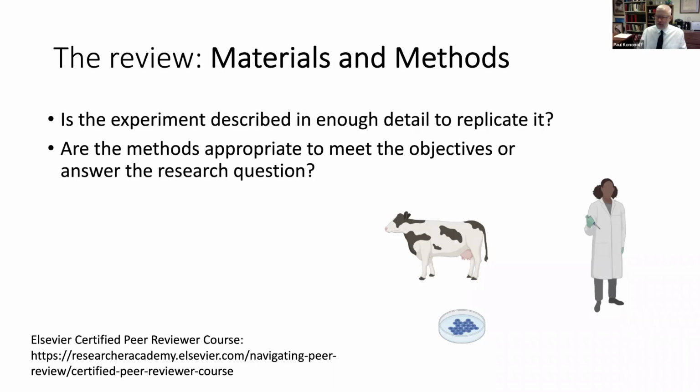Now, maybe every single reagent isn't listed in there, but generally speaking, somebody should be able to read these materials and methods and actually repeat that study. They should also assess whether those methods are appropriate simply to meet the objectives or answer that research problem. So, comparing what's described in the materials and methods back to what is described in the introduction section of that paper.